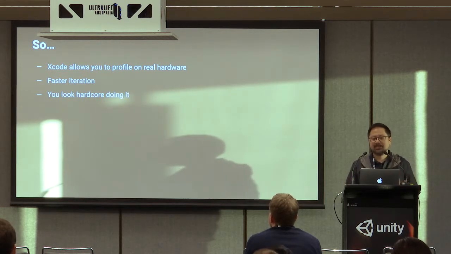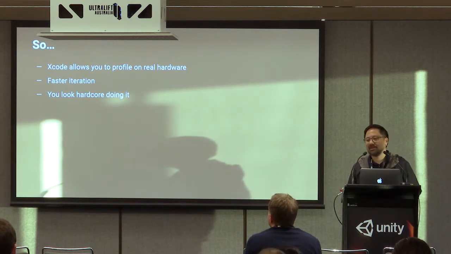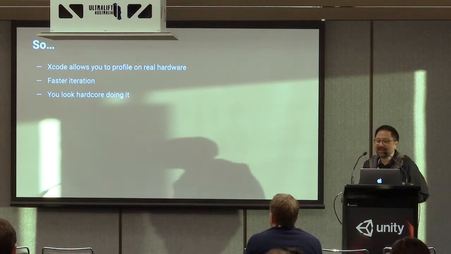But just as a starting point, try doing this. It's pretty simple. Click the FPS, find your most expensive shader, and just analyze it. Even if it's just looking at that list of shaders, it will help you out. And you're running on real hardware, so these optimizations really reflect what's happening, and you look hardcore doing it.